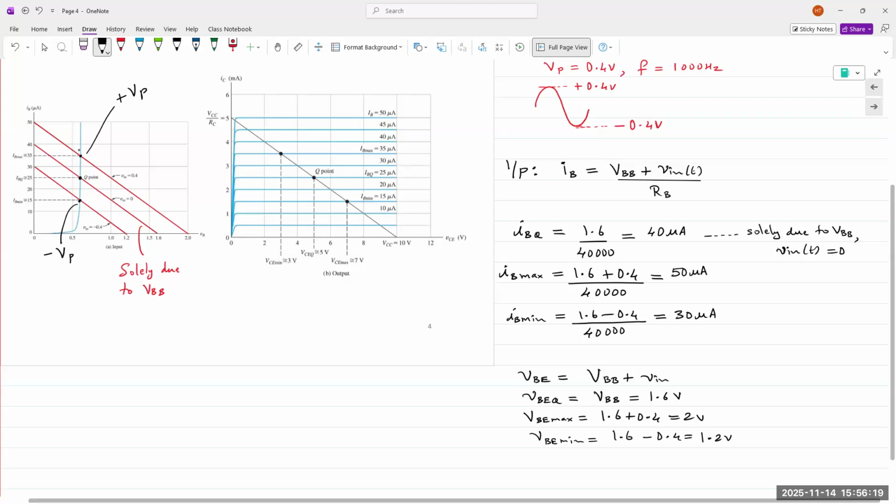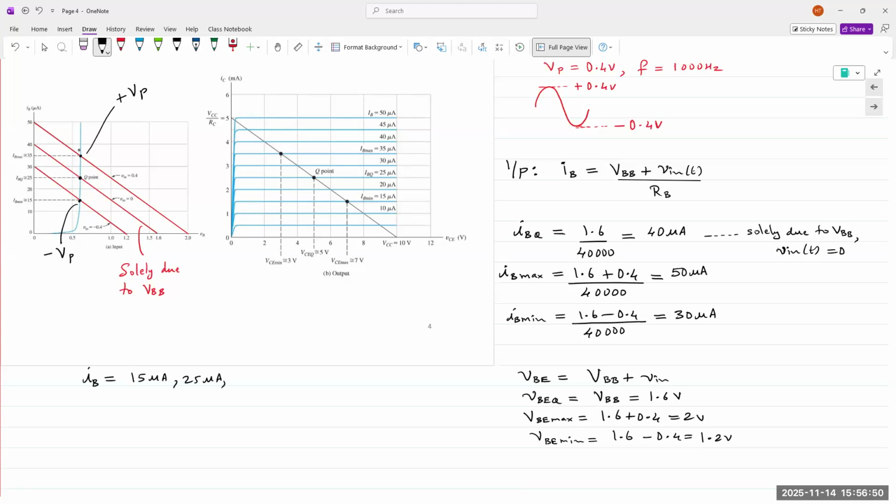Now the coordinates of the Q point are important because that's where our transistor is operating. So we need to obtain the coordinates of those Q points. And the coordinates of those Q points was IB is equal to 15 microamps, 25 microamps, and 35 microamps.